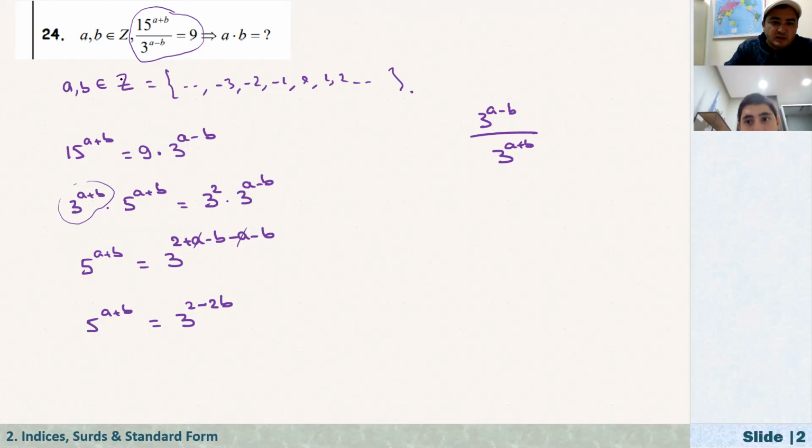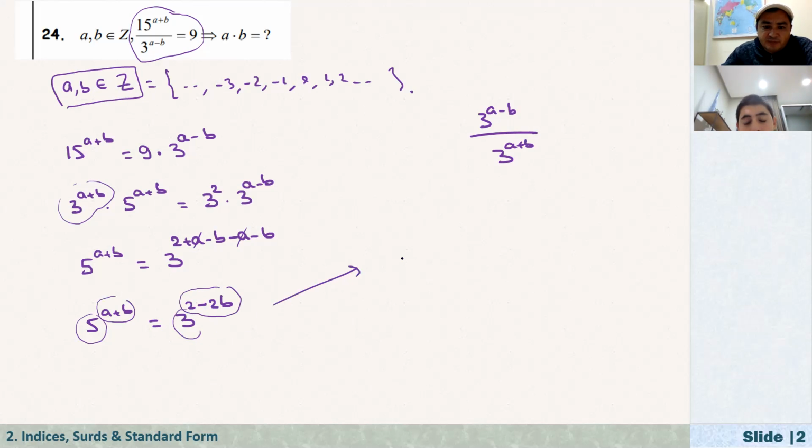Okay, so here, this condition is important, Arad. A and B are integers. So here we have 5, which is a prime number, and 3 also is a prime number. And 5 to the power of an integer and 3 to the power of an integer, when they are equal to each other, we have only one case.